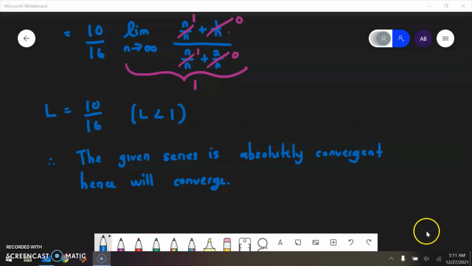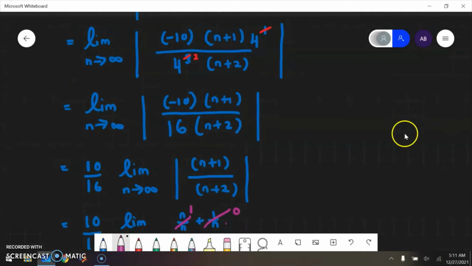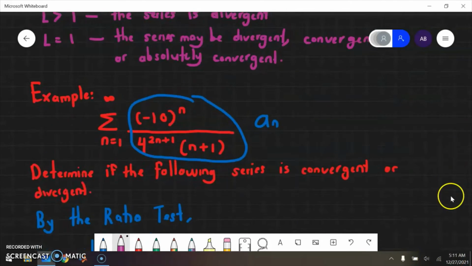Now let's look at a few more examples. We want to look at when the ratio test converges, diverges, or happens to be inconclusive. So the ratio test is inconclusive when L equals 1. Let me point it out here.